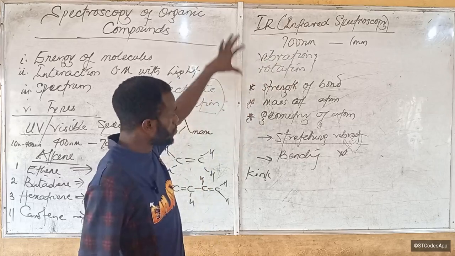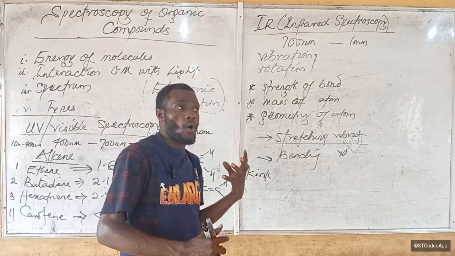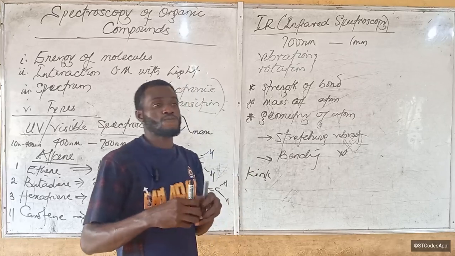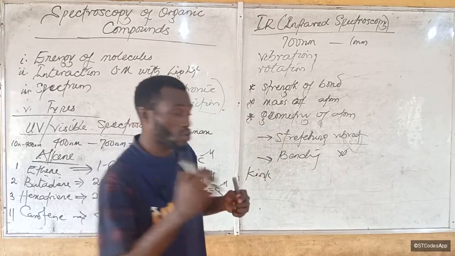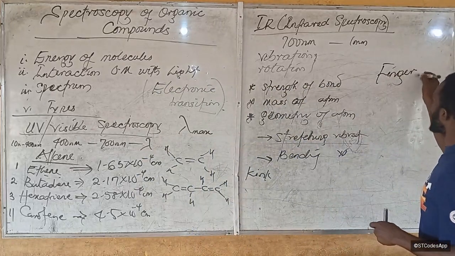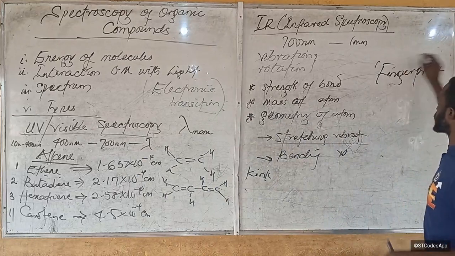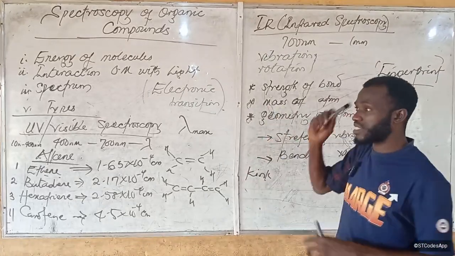And because most organic compounds have different types of atoms, or at least different geometry or orientation in space, their IR spectrum is called their fingerprint. The IR spectrum of each organic compound is different.